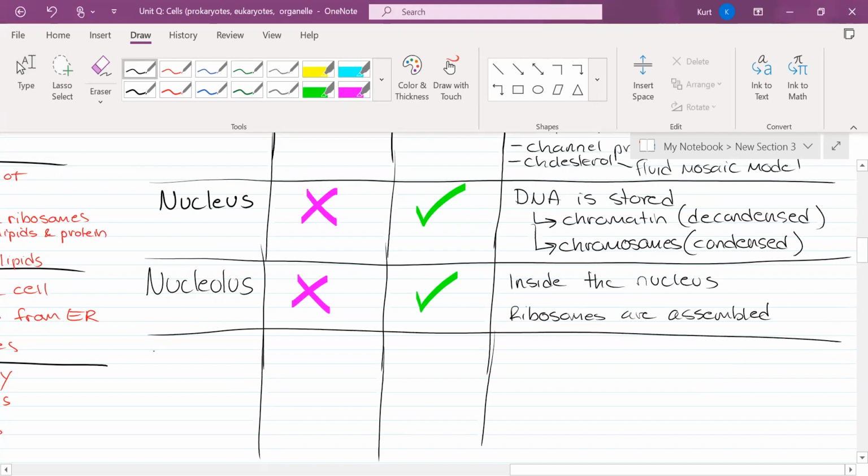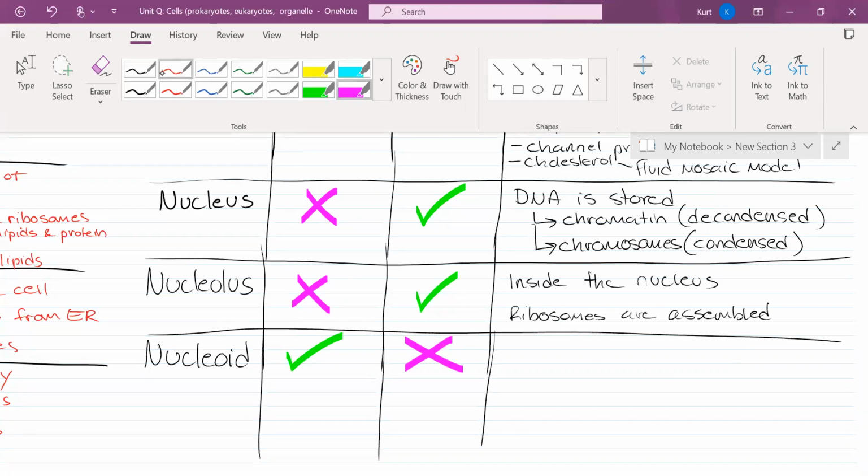How about the nucleoid? Do prokaryotes have this? Yes. Do eukaryotes have this? No. So in my experience, a lot of students get the words nucleolus and nucleoid confused. Don't do that. The nucleoid is not a structure. It is a region.